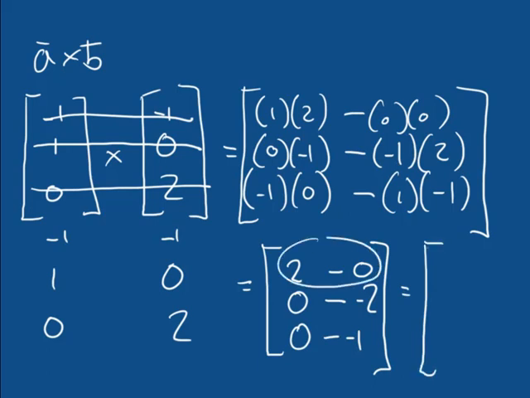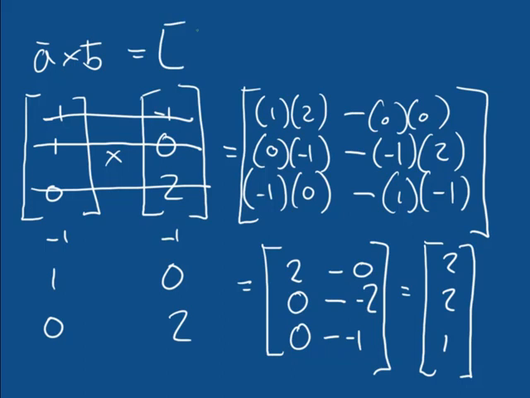So 2 minus 0 is 2. 0 minus minus 2 is 0 plus 2, which is 2. And 0 minus minus 1 is 0 plus 1, which is 1. So A cross B is equal to the vector 2, 2, 1.